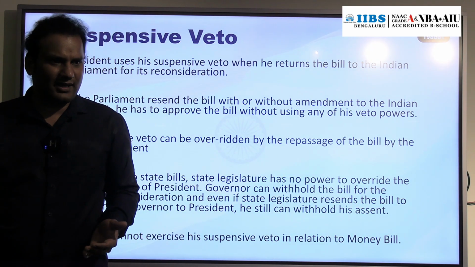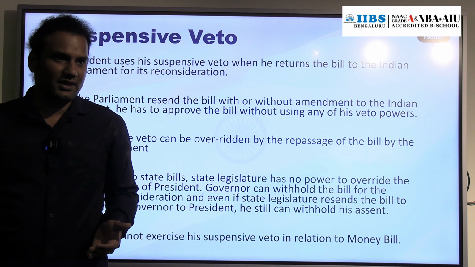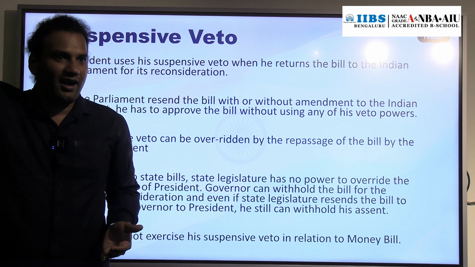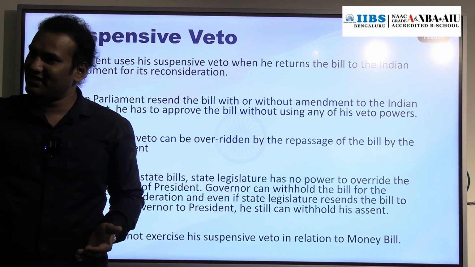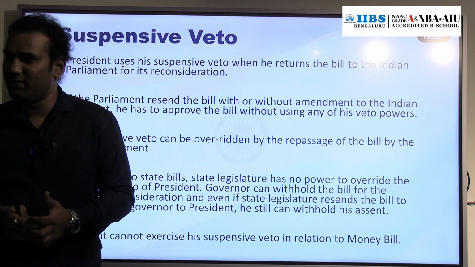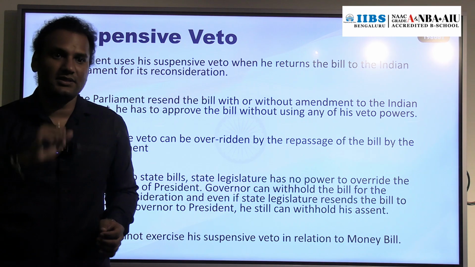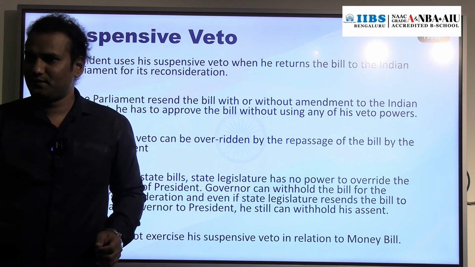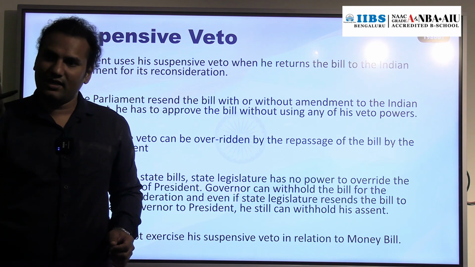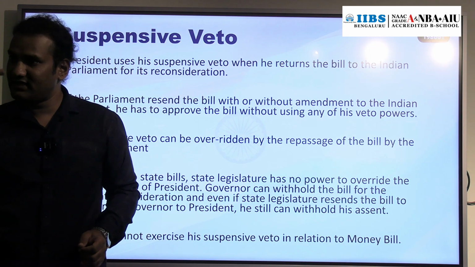First time it is returned, then again they repass. Second time again the president returns the bill. Third time also the president can return the bill. For such there is no limit in case of a state bill, but in case of a parliament bill, only one time. Only one time. Understood? So that is the difference.